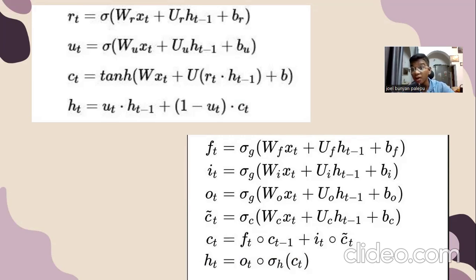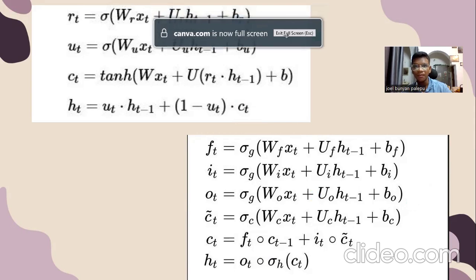I'm sure you are aware of GPT, which stands for generative pre-trained transformer. This is a transformer architecture. It also deals with time series data, but it is different from RNNs. I'll just show you very briefly.